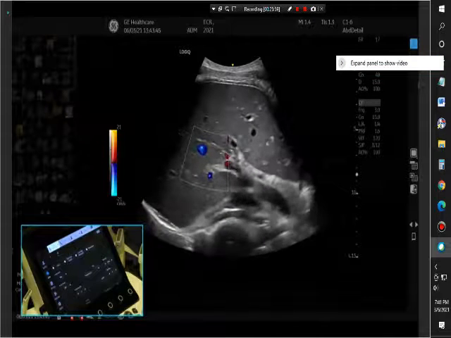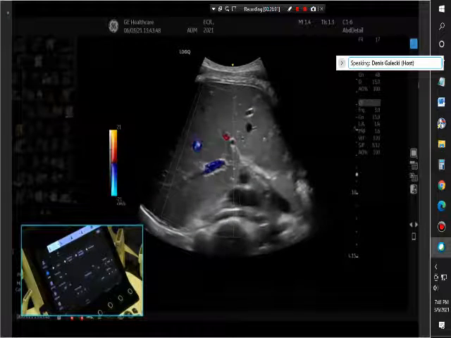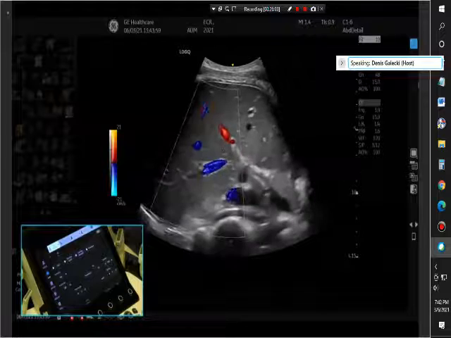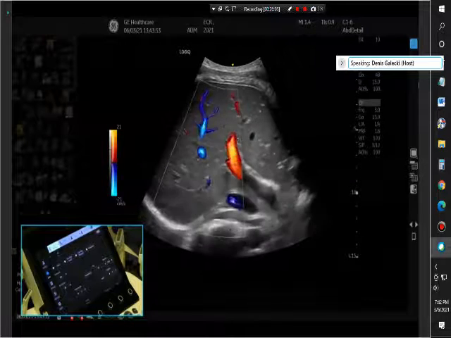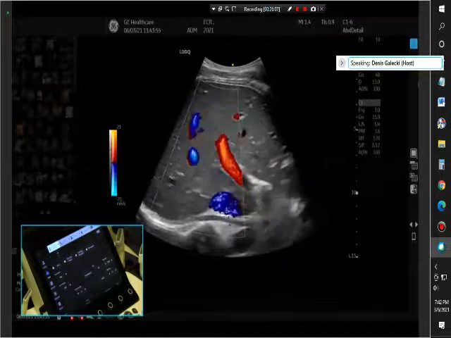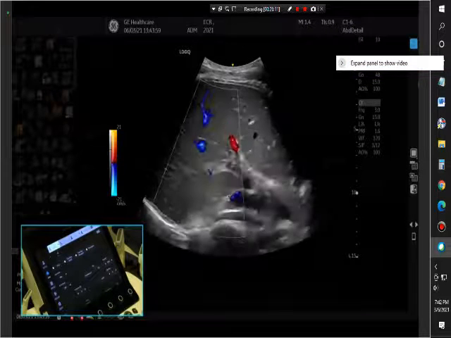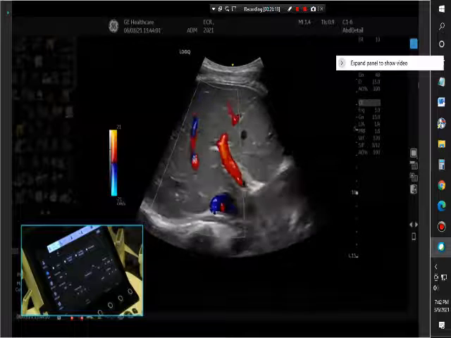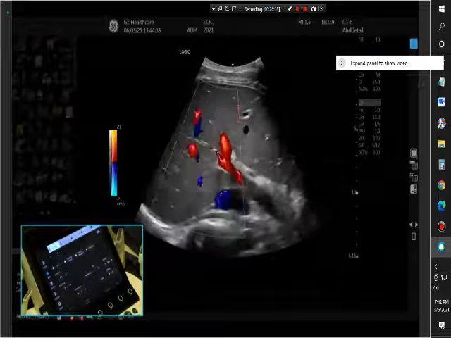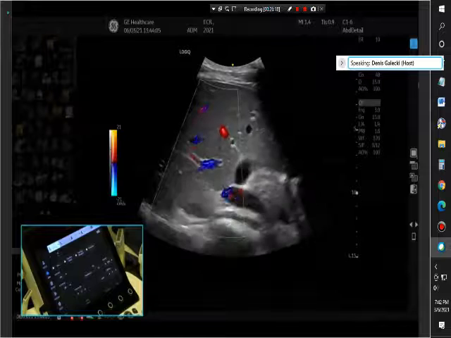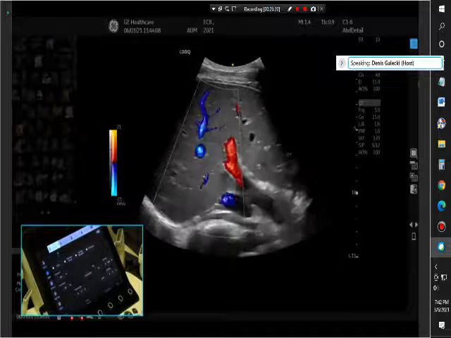You can also increase the region of interest if needed. The color stays in the vessel. And if needed and if seen, you can nicely see small, tiny vessels and great vessel separation.